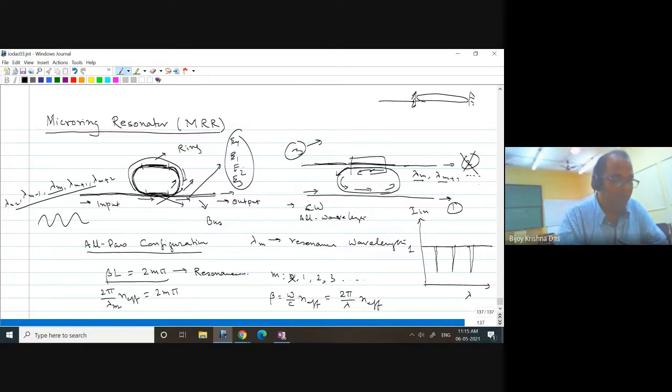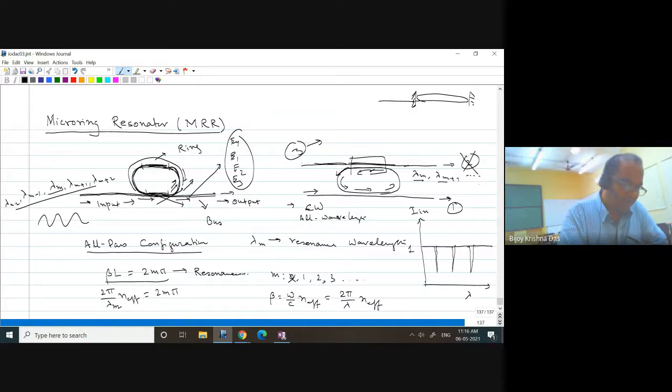If you add them together, because it takes one round trip, and every round trip it acquires some phase shift here, but when crossing over, there is a pi/2 phase shift. So whenever you are launching here, in a directional coupler, you have seen earlier, no? Anything you launch here, when coupling to the ring, a pi/2 phase shift happens, right?